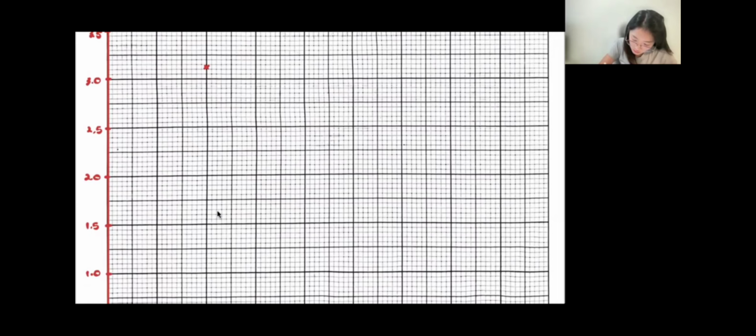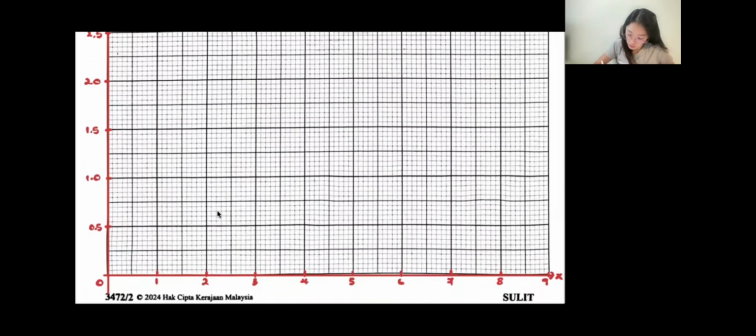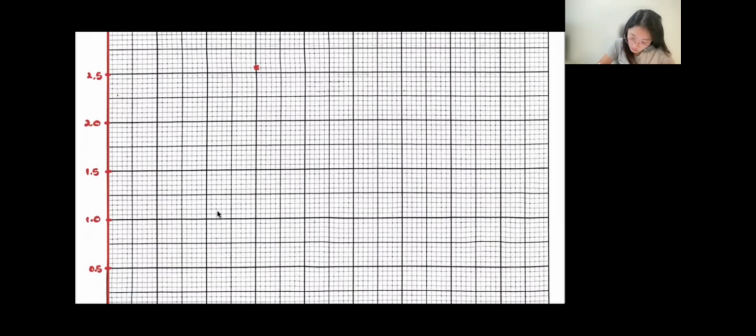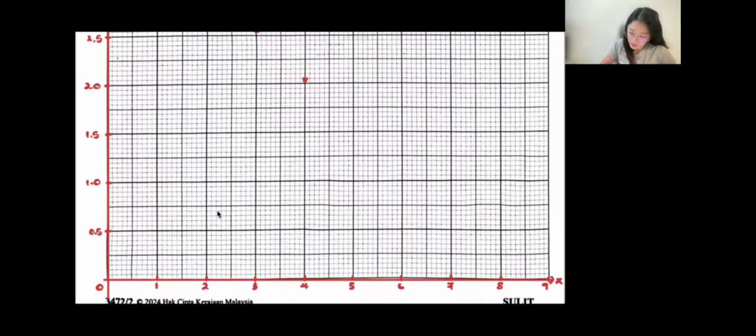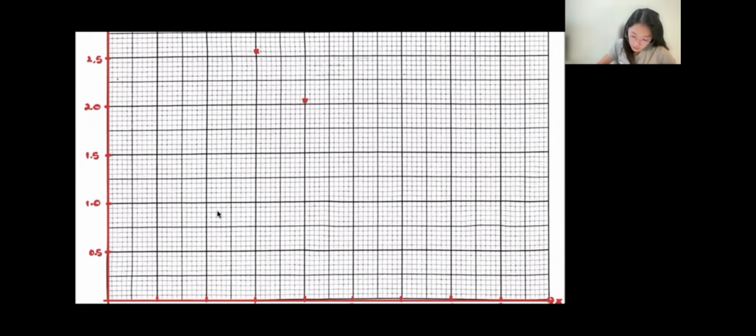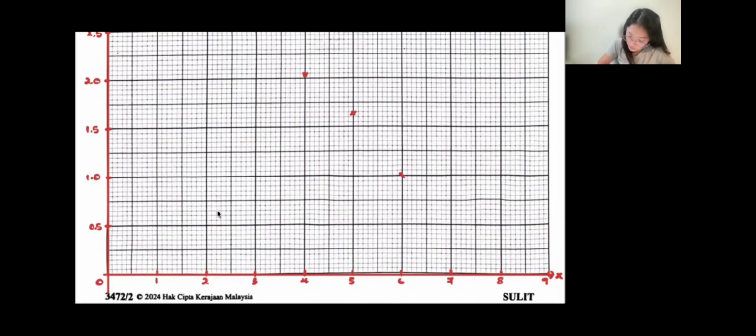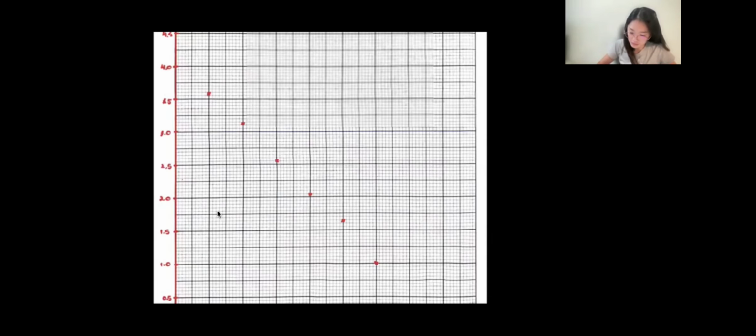Here. And then 4, 2.04. This is 2, 1. 4 closer to half already. Okay, next one, 5, 1.64. Last one, 6, 1. Okay, done.